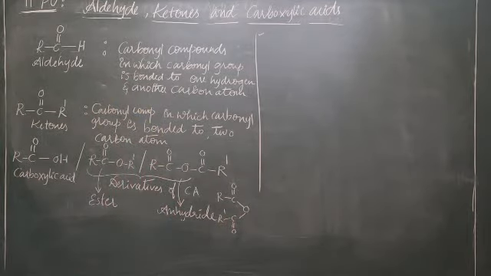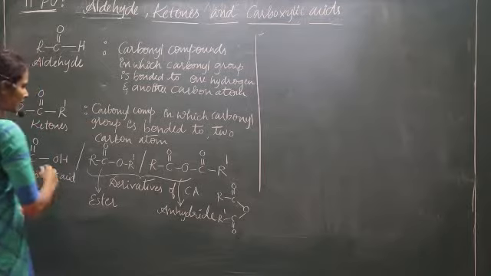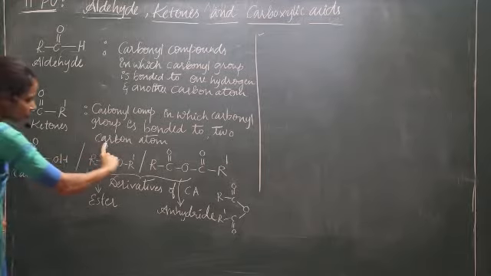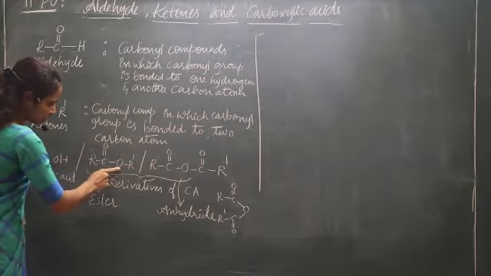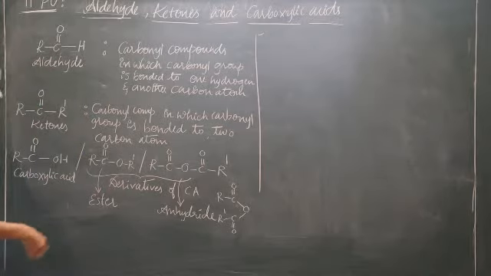Now, what are carboxylic acids or derivatives of carboxylic acids? These are carbonyl compounds. Carboxylic acids are also carbonyl compounds in which the carbonyl group is attached to an oxygen atom, right?